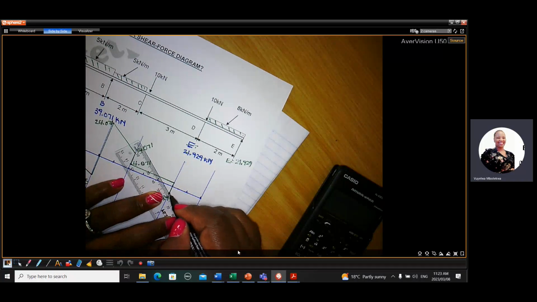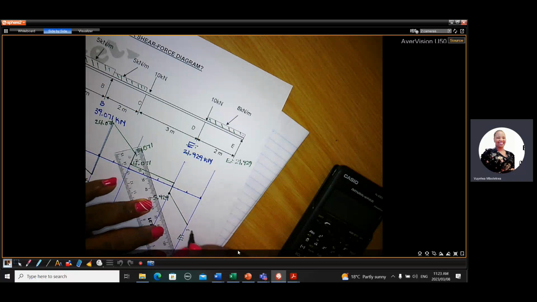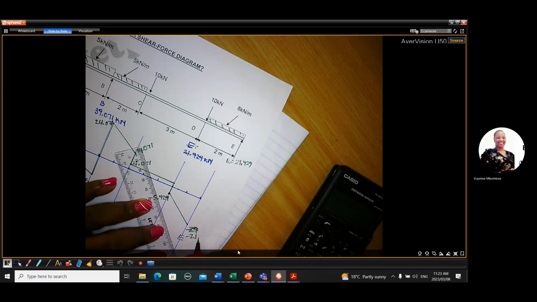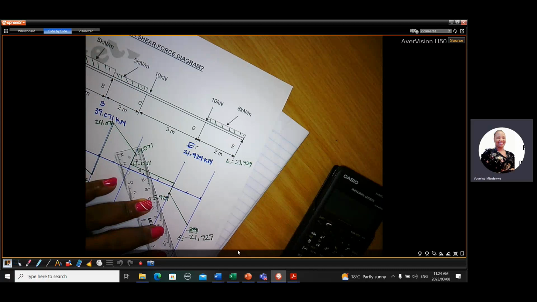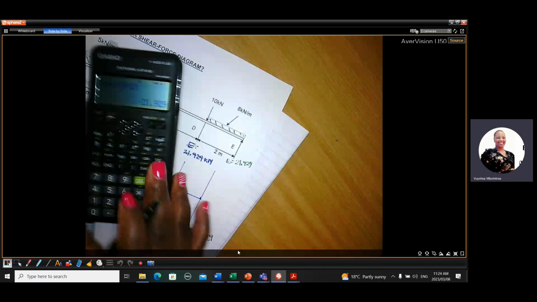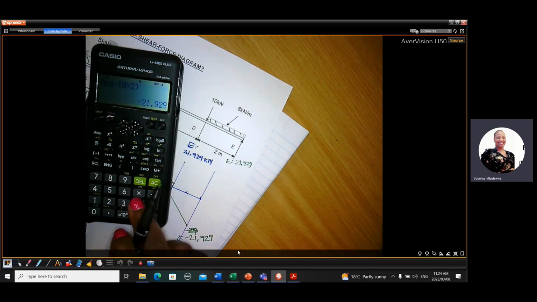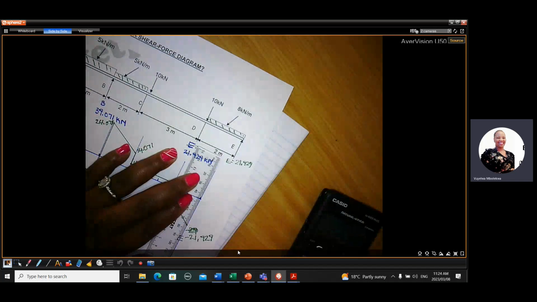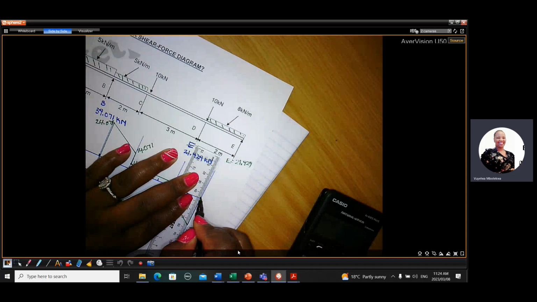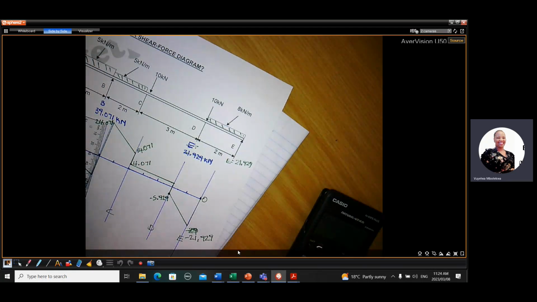Because it's a UDL, we make a sloping line to minus 21.929. Then at minus 21.929, we have an upward force of 21.929. So that takes us to 0. It's a point load, so we go vertically straight. So it takes us to 0.